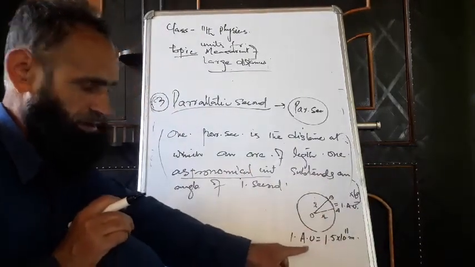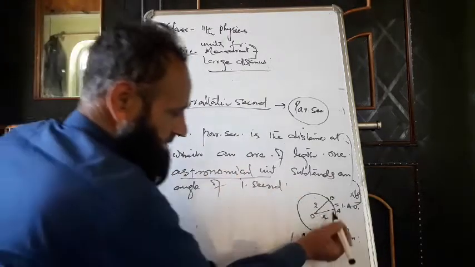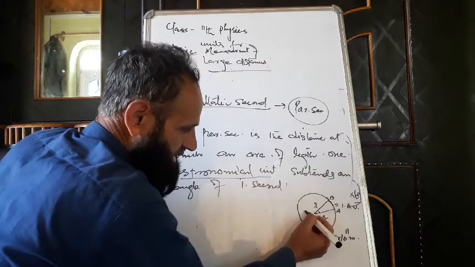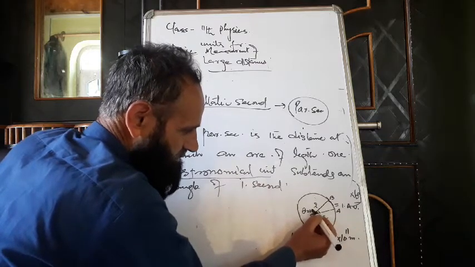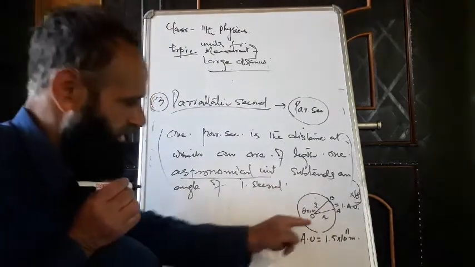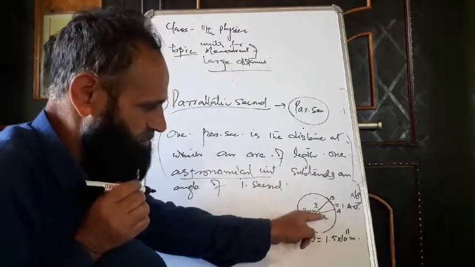That's 1 astronomical unit. If this length forms an angle theta equal to 1 second, then this length is equal to 1 parsec.